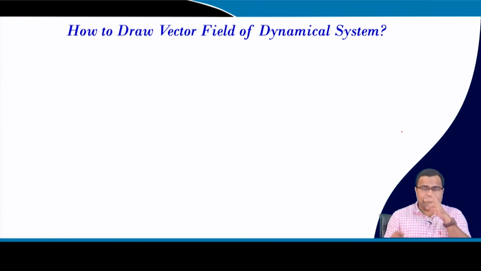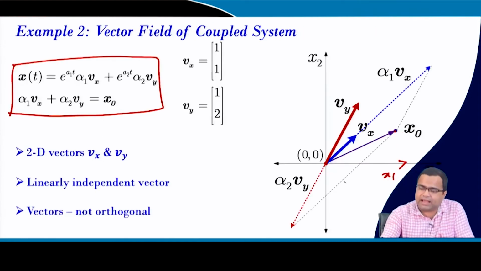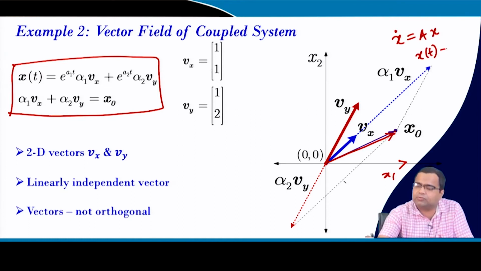So, now how to draw the vector field? Whatever we have drawn here, we have as if drawn just the initial condition, right. If you take x dot equal to Ax, so we generally get x of t to be e to the power At into x0.